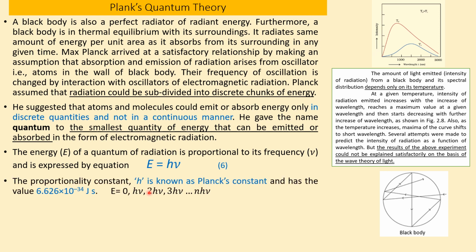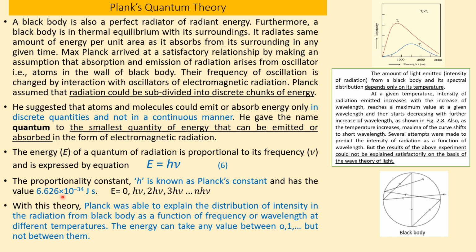The proportionality constant h in equation 6 is known as Planck's constant and has a value of 6.626 × 10^-34 joule second. So here E is equal to 0, or h nu, or 2h nu, or 3h nu, that is, an integral multiple. n is the integral multiple.